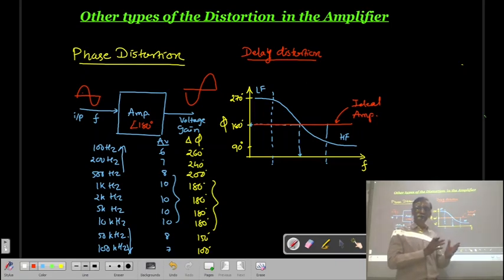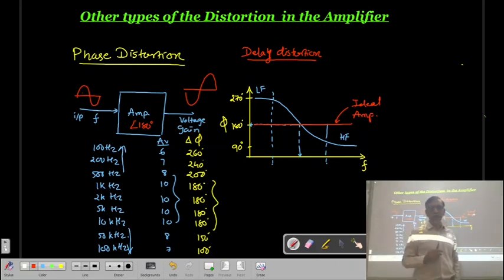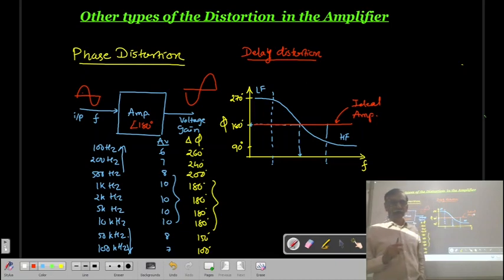So if the phase distortion is higher or lower, it doesn't make any difference for us. But when we are talking about a video amplifier, our eye is able to detect this delay. So when we design the video amplifier, we have to take care about the phase distortion.